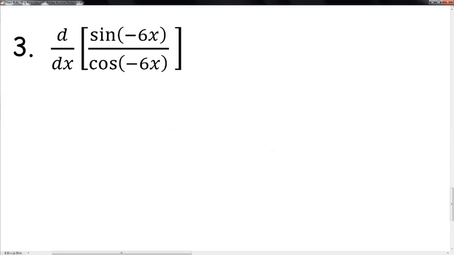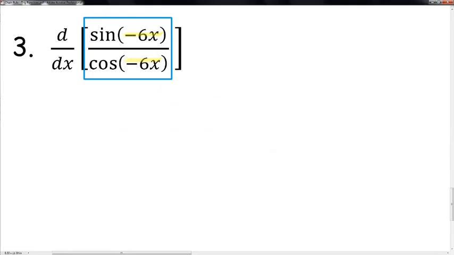Number three, find the derivative of sine of negative 6x over cosine of negative 6x. You could, if you wanted to, use the quotient rule. However, I hope you recognize that sine over cosine, notice that I have the same chocolate. My chocolate of that negative 6x is the same. And so sine over cosine is tangent.